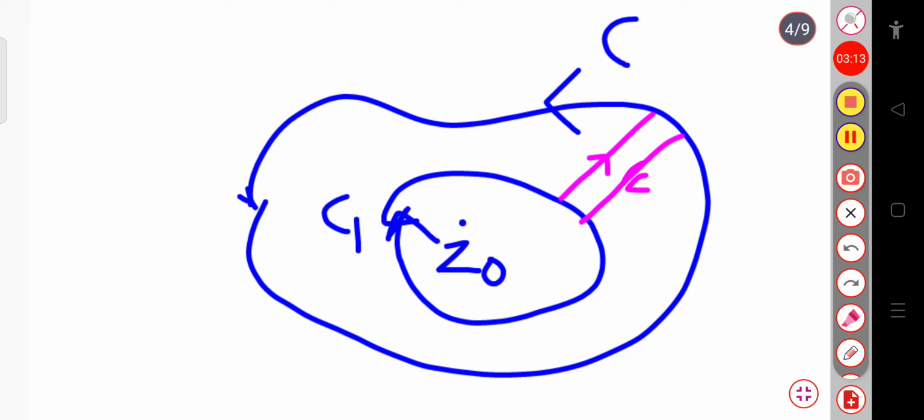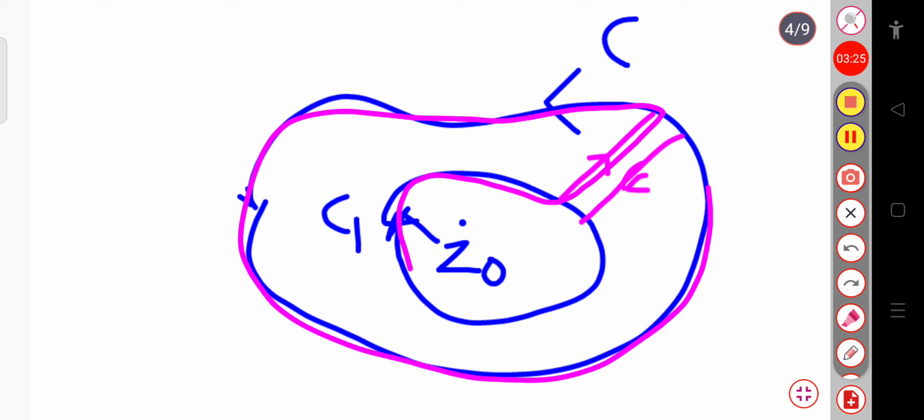If I start from this point on C1, go through the first cross cut, reach the second cross cut, and through this again I reach the initial point on the C1 contour. So, you can see that the multiply connected region is converted to a simply connected region.